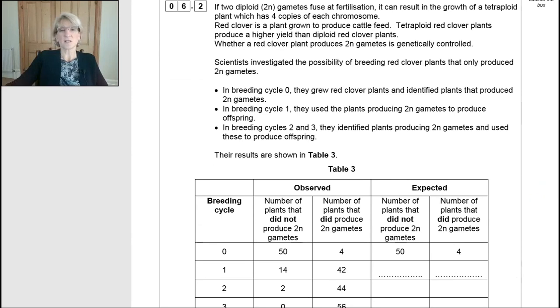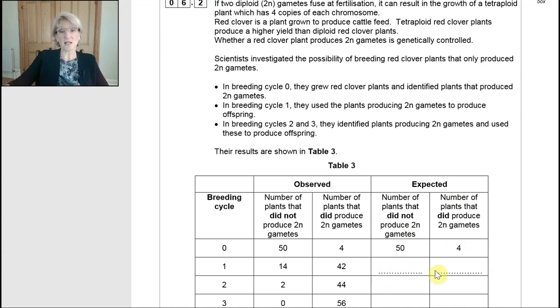This question is describing the selective breeding of clover. So the first part of the question is filling in these boxes. I would do that by using these numbers here and saying that 50 out of 54 didn't produce 2N gametes and 4 out of 54 did.